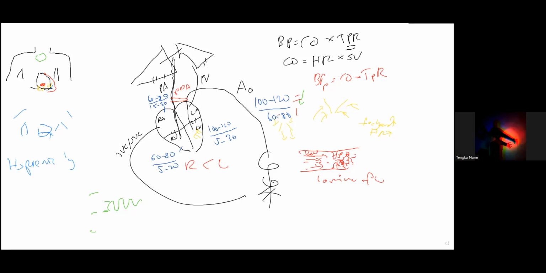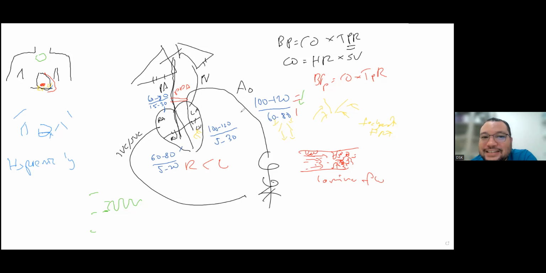Masa diastolic sepatutnya dia tutup kan, sekarang dia terbuka, aortic valve terbuka. So masa diastolic, blood daripada aorta ni turun masuk balik ke left ventricle. So blood masa diastole ada patah balik daripada aorta turun balik ke left ventricle. So diastolic pressure akan drop.